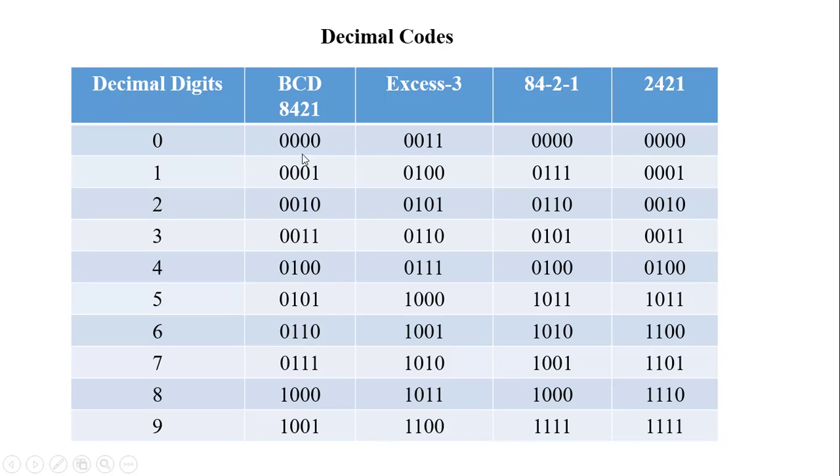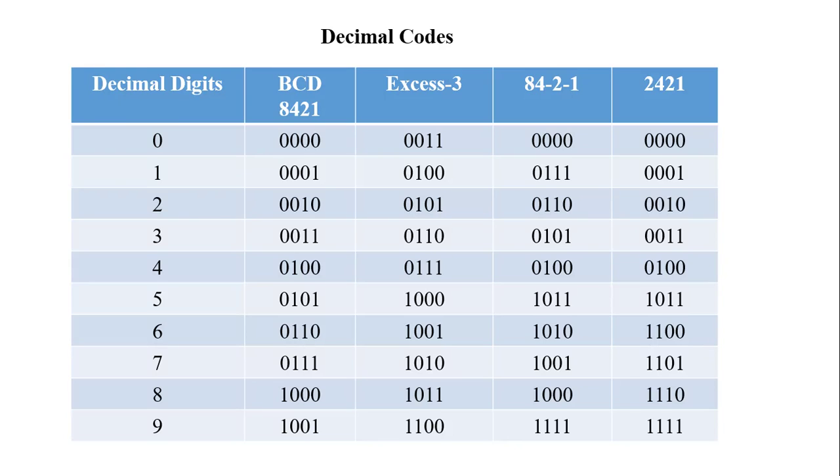So that's why it is not a self-complementary code. Here is another example. This is the BCD code of 1, or 8421 code of 1. The complement of this will be 1110. It is also not present in all these BCD combinations. So BCD is not a self-complementary code.